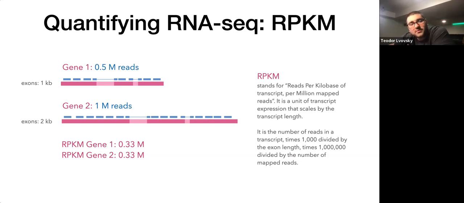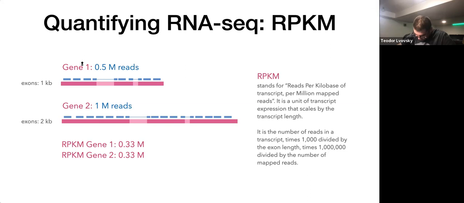It's because if the transcript is long, then it's got more chance of capturing reads. If the transcript is 1 kb or 2 kb, the transcript of 2 kb will naturally have twice as many reads just because it's got more surface. So if they're expressed at the same level, for one molecule of each, one will produce twice as many reads just because it's longer. That's something that's really important to remember.